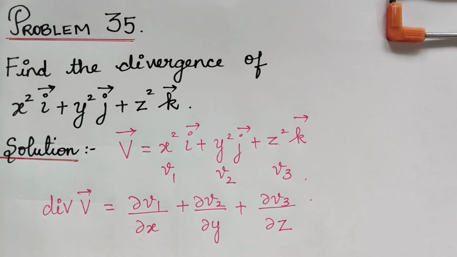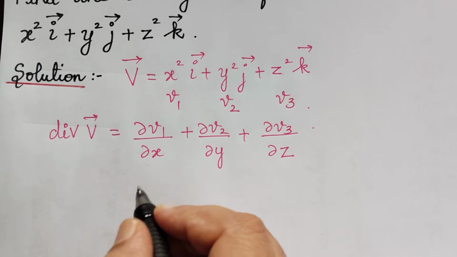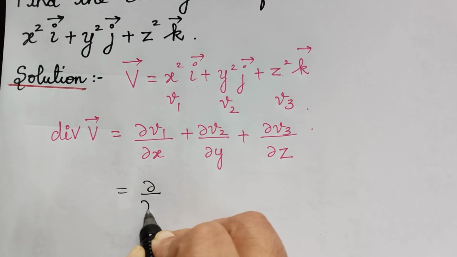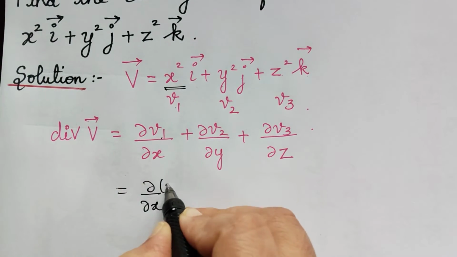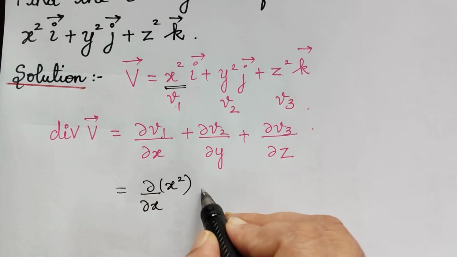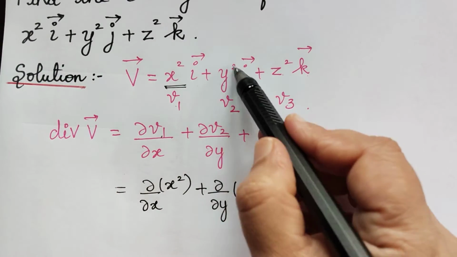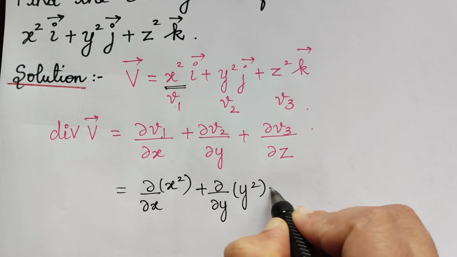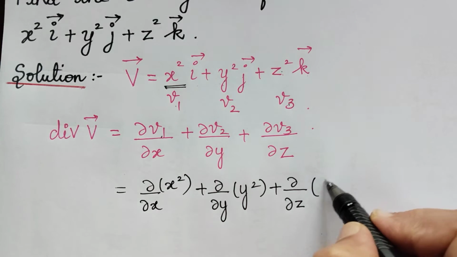Now we shall substitute each one of them. This will be equal to dou by dou x of v1, which is x square, plus dou by dou y of v2, which is y square, plus dou by dou z of v3, which is z square.